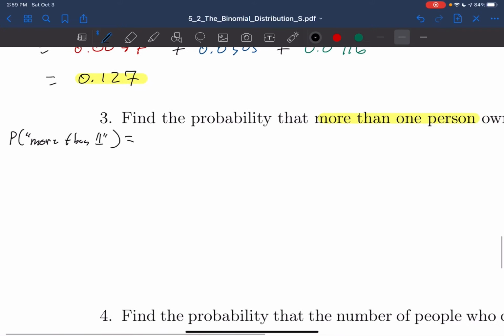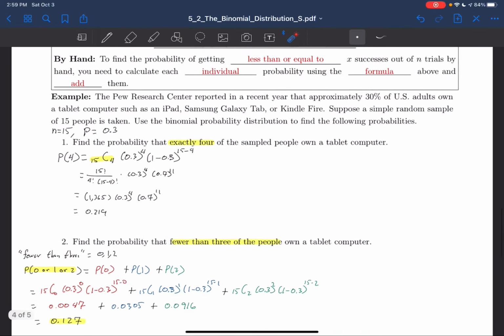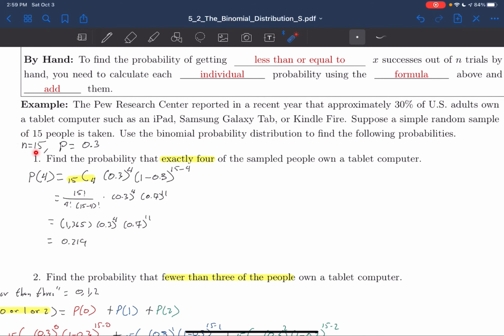Since we're talking about more than 1 person, this is talking about 2 people or 3 or 4, all the way up to 15. The reason we go up to 15 is because there are 15 people in our trial.